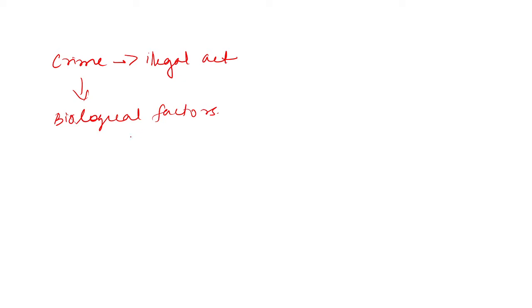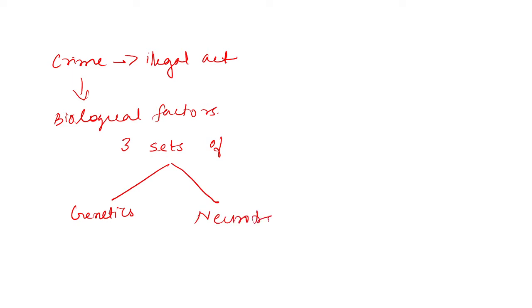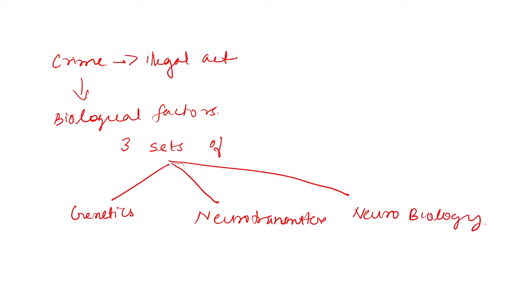So we can say there are so many researchers and mainly three sets of biological risk factors involved in committing a crime.